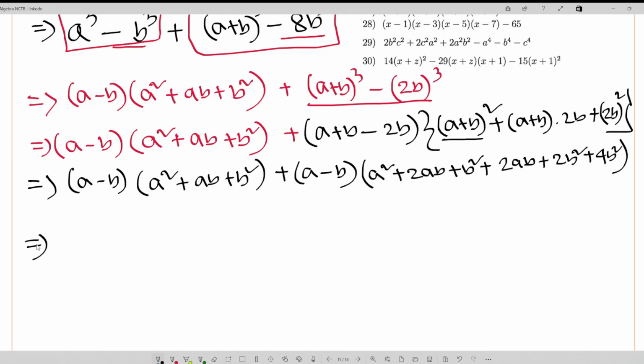Now look, now think carefully, here is (a minus b) and here is (a minus b), so we can take common (a minus b), right?